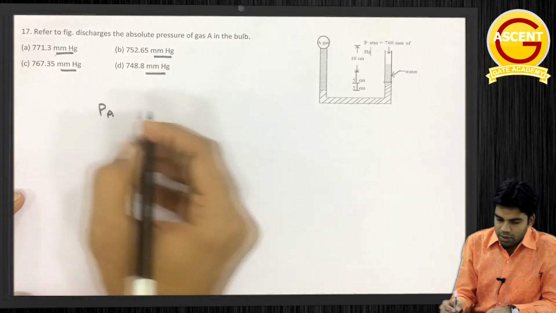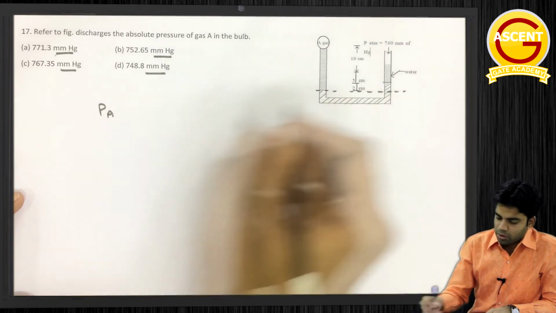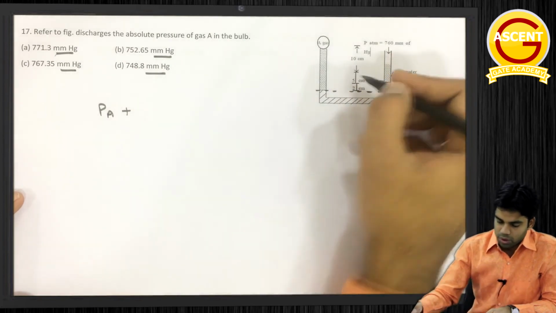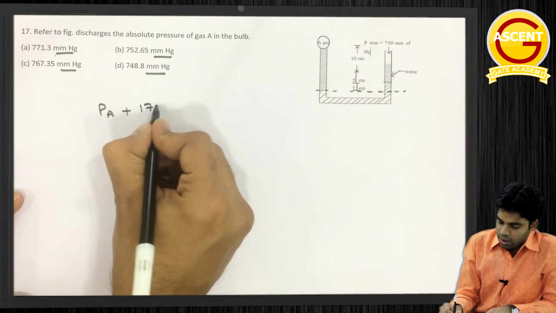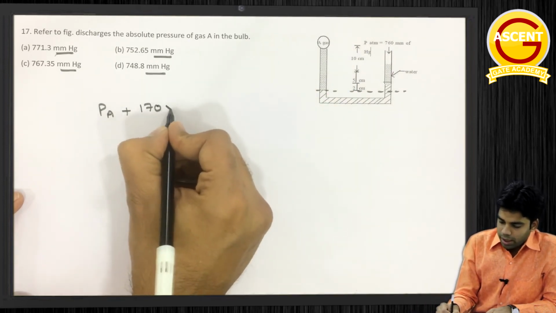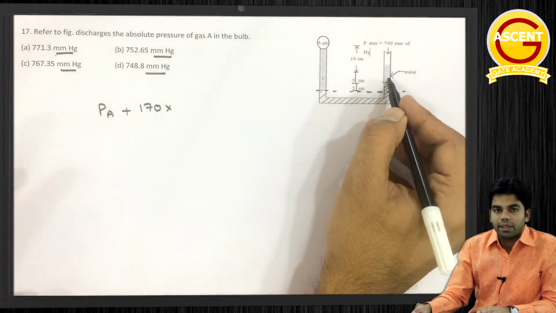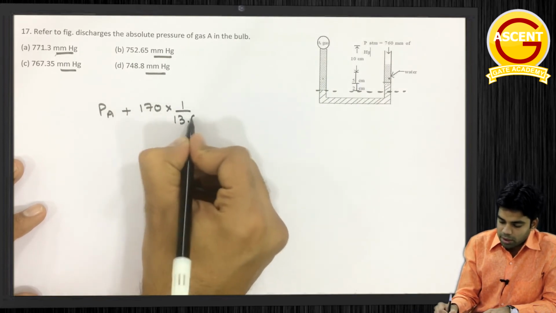What we will do is equate the pressure at this level. So this will be PA plus this much height, 10 plus 5 plus 2, 17 centimeter, in terms of mm of Hg, 170 mm. This is oil, this is water, we have to convert it into mercury, so this will be into 1 divided by 13.6.